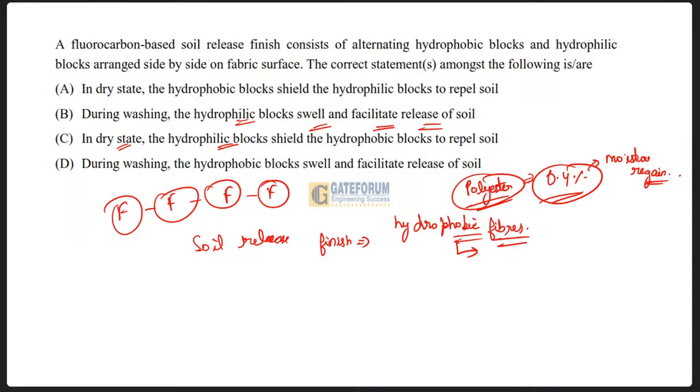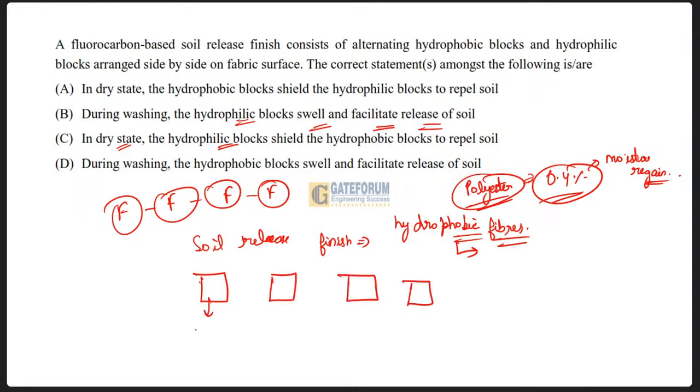Because there is a reason for this process: these fluorocarbons are negatively charged, and if you have read chemistry, the property of the fluorocarbons is highest for the removal of the soil, and for water repellency these are used. And so if I talk about these things, what happens is hydrophobic blocks. These are block structures.